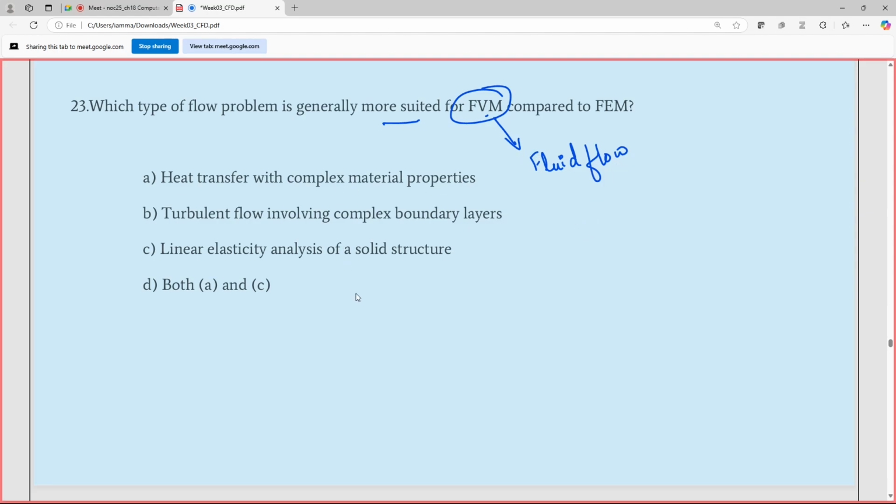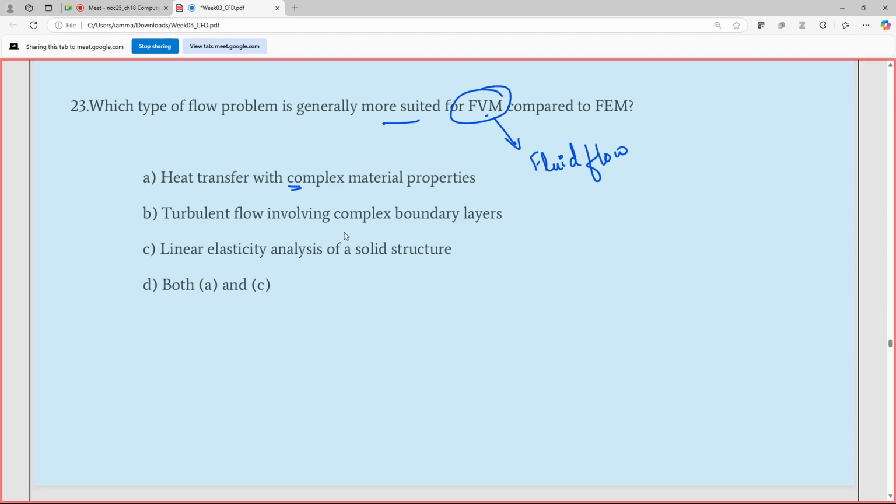Among the following, the first option is not explicitly mentioning which type of flow problem or simulation it is. So heat transfer with complex material property will be difficult to solve with FVM.